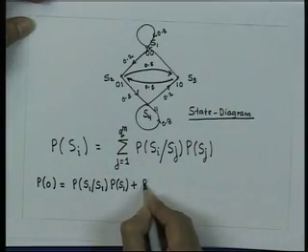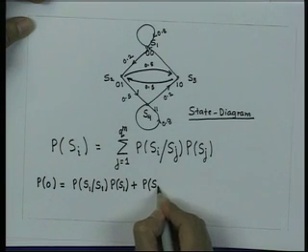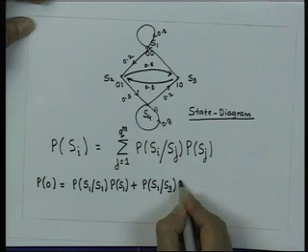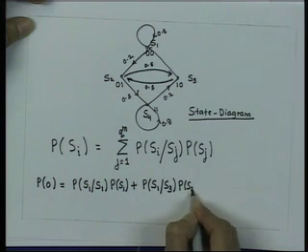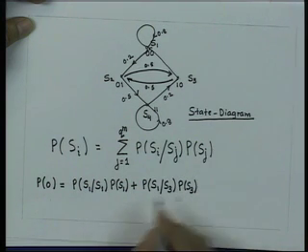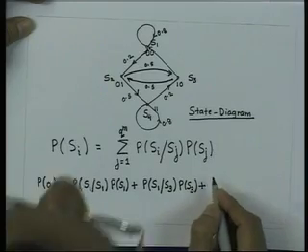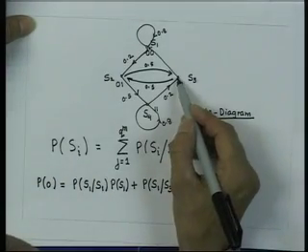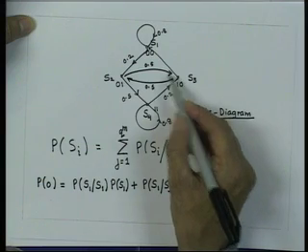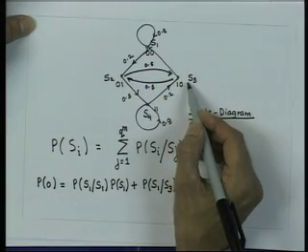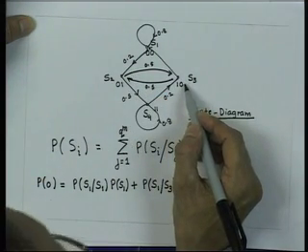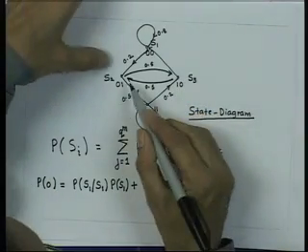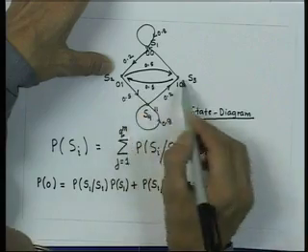So, what is the probability of coming to state S1 from S3 multiplied by probability of S3 itself, plus I have probability from S3 to S2. So, if 0 occurs from S2 to S3.